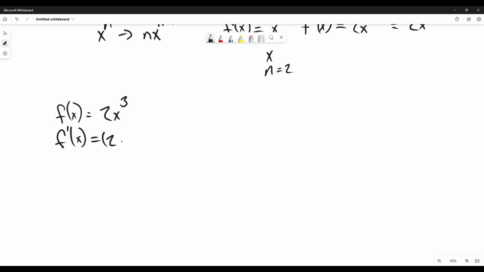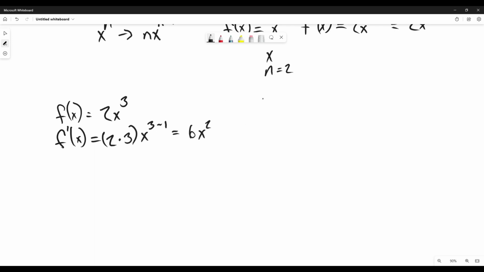So it would be 2 times 3x to the 3 minus 1. And for this, 2 times 3 is 6x to the 3 minus 1, which is the second power. Make that look a little cleaner, to the second power. Excuse me.